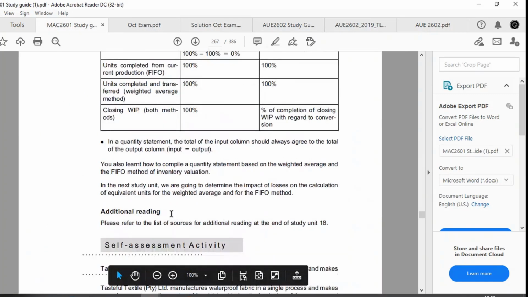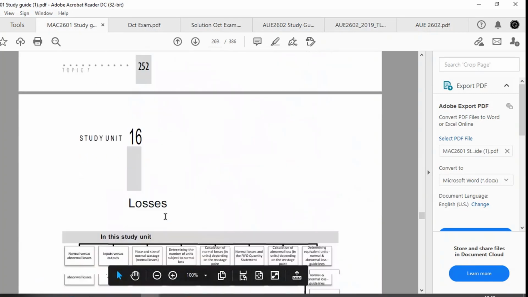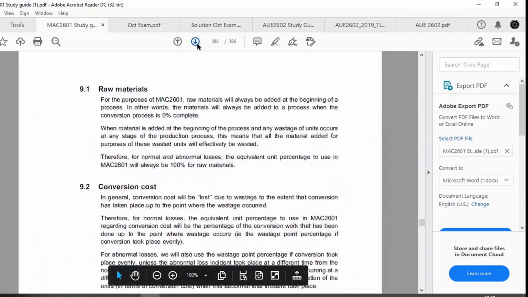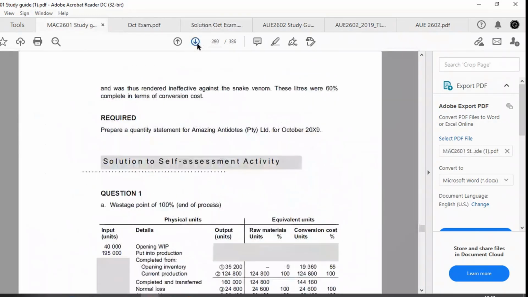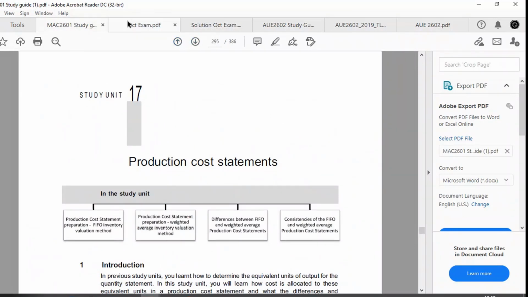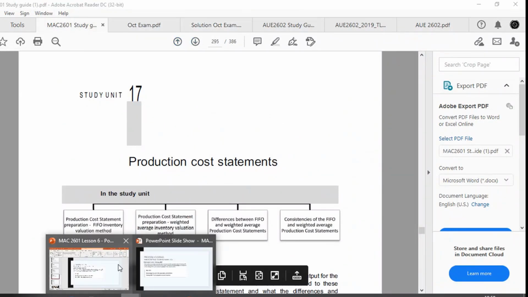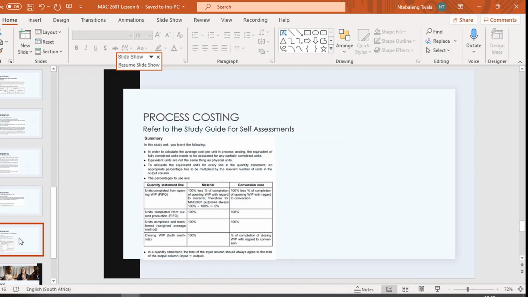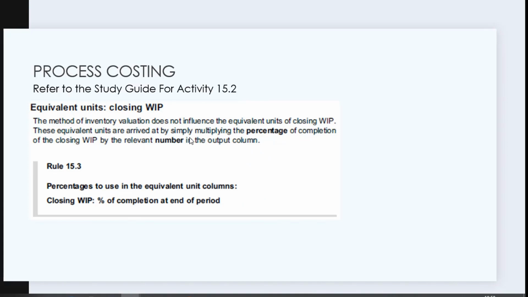We're going to continue with process costing, but we need to now look at losses, what they entail and how they affect our production statement, our quantity statement, according to the inventory valuation method that we'll be using. So that will be next week's one.